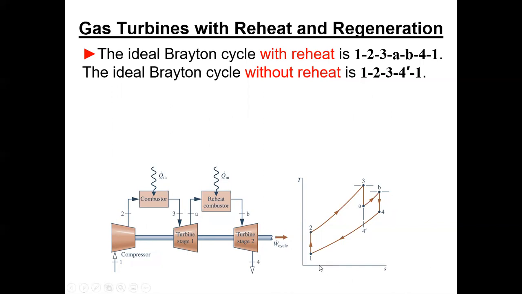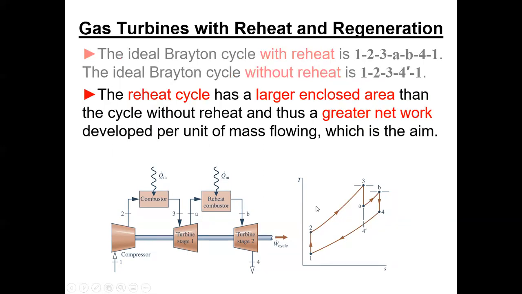If we do it without reheat, it's just 1, 2, 3, 4 prime, 1. If we do it with reheat, it's 1, 2, 3, A, B, 4, back to 1. And of course, with the reheat cycle, we've got a larger enclosed area. So we're going to get more work per unit mass, which is the aim of this.